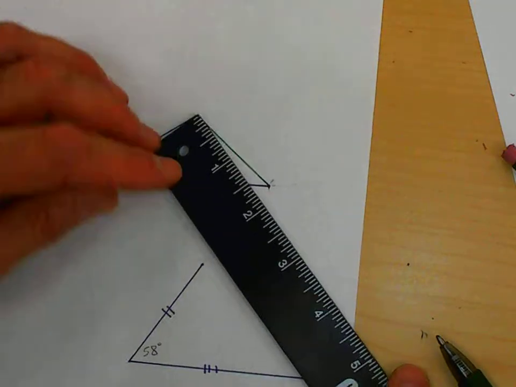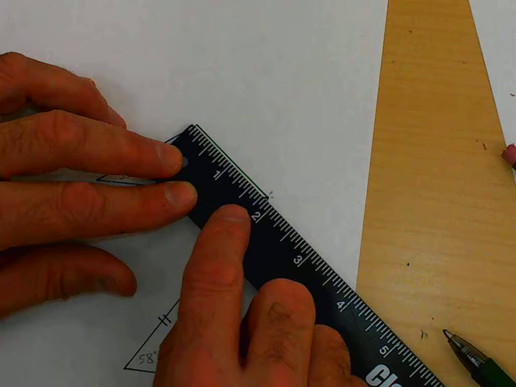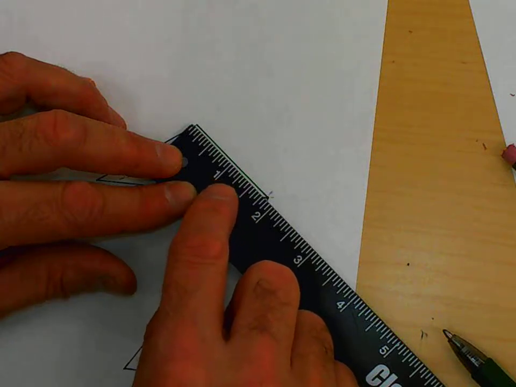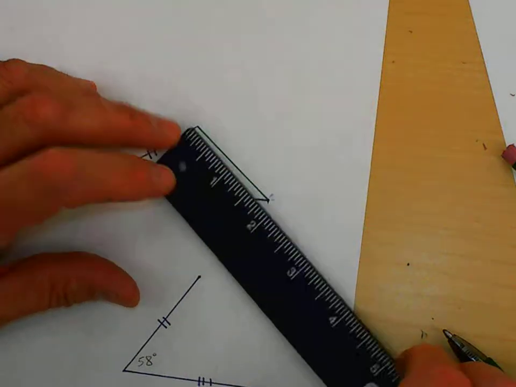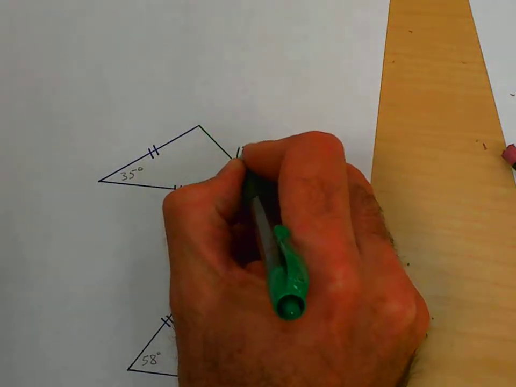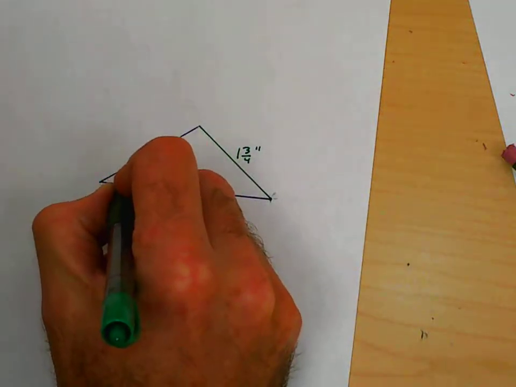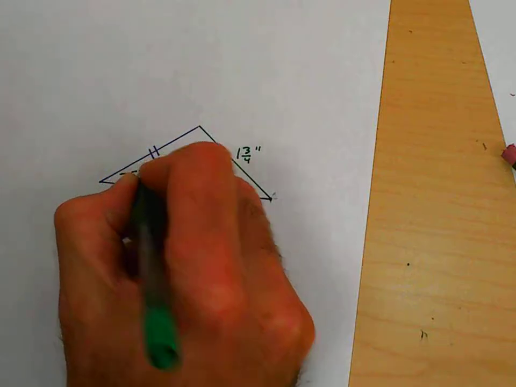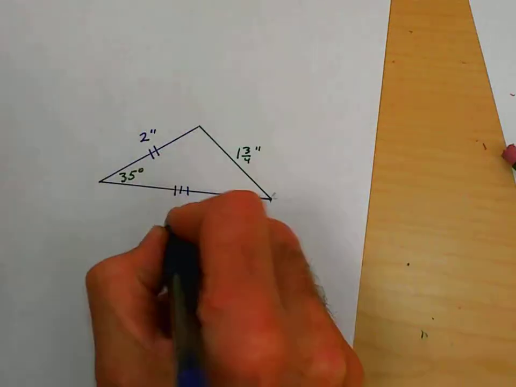This is going to be 1 1/2. Actually, sorry, 1 3/4. 1, 1/4, 1/2, 3/4. So 1 3/4. So this is 1 3/4 inches with a 35 degree angle between the two sides that were 2 inches and 3 inches.